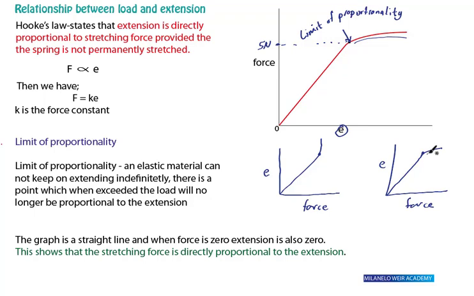This one is towards the force, so it's wrong. The correct one is this one. As the spring deforms, the extension becomes much larger than expected, so it bends towards the extension axis.